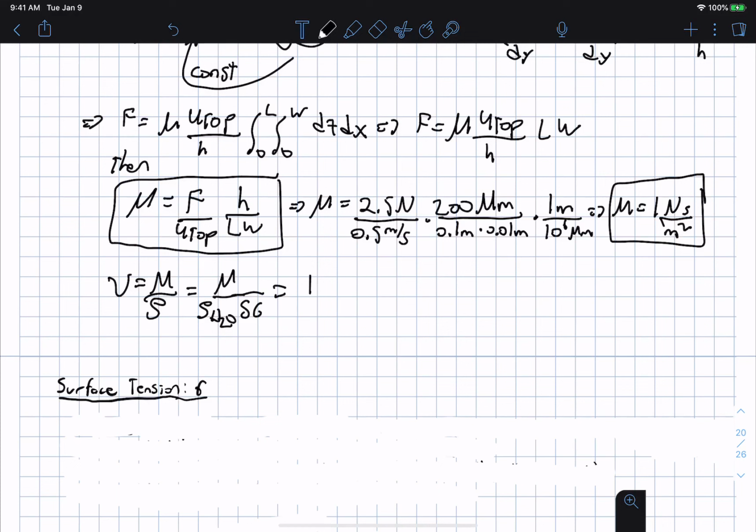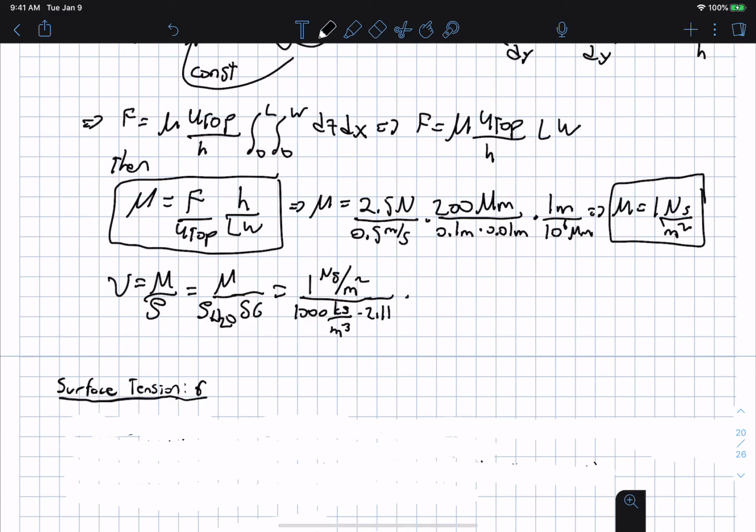So we have 1 Newton second per meter squared, or Pascal second, divided by 1,000 kilograms per meter cubed times the specific gravity, 2.11, and that's unitless, so there are no units attached to that. And now let's start converting the newtons up here to kilograms meters per second squared.